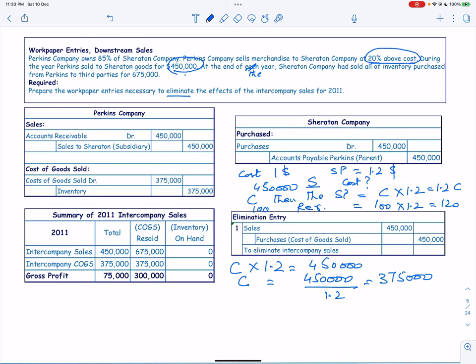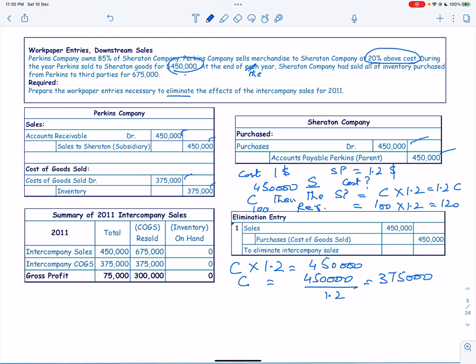So the journal entry in the books of Perkin Company will be accounts receivable debit and sales credit. The parent company will also record the cost of goods sold. So cost of goods sold is debit and inventory is credit by 375,000. The subsidiary, that is Sheraton, will record purchases as debit and accounts payable as credit by 450,000.